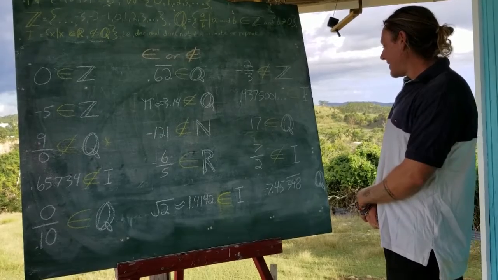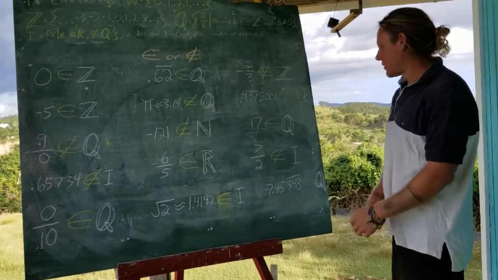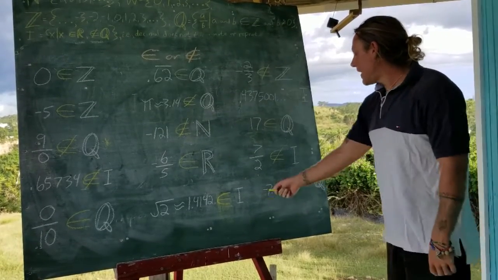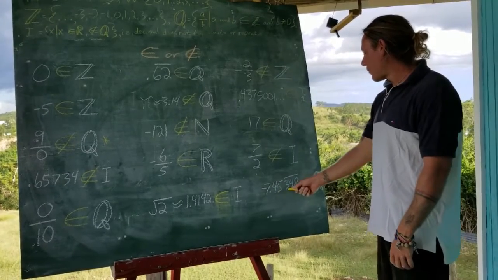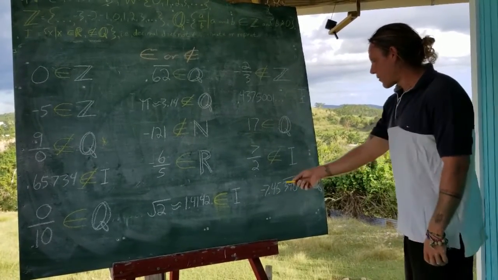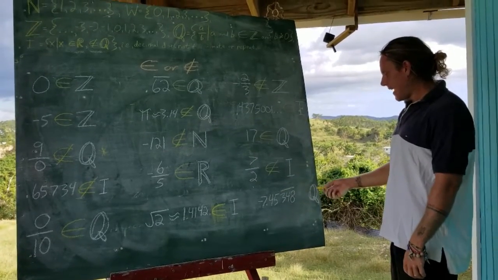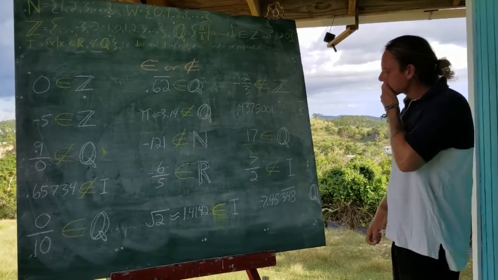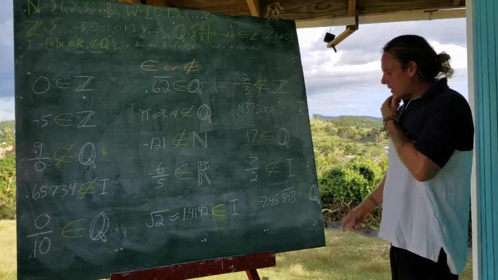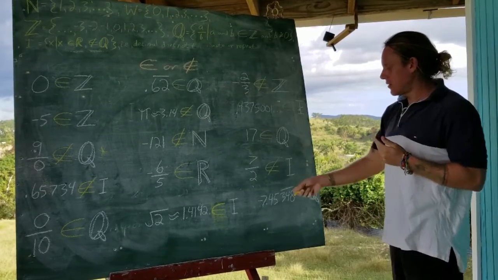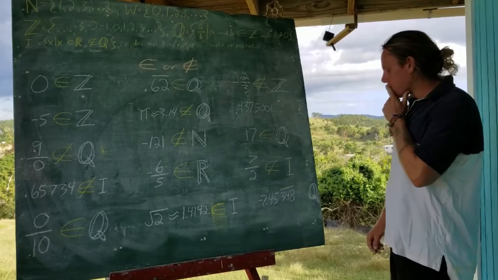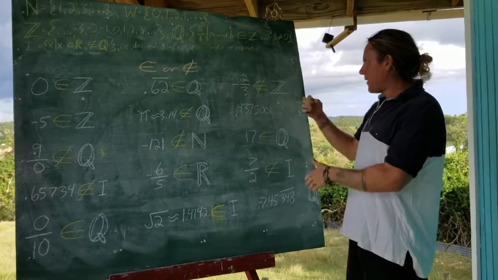How about, wow, this is kind of an interesting one, -7.45348, and this 348 repeats. Is that an element of the rational numbers? Well, the rational numbers include integers, so the negative portion of it is fine. Decimals are fine, meeting certain conditions.